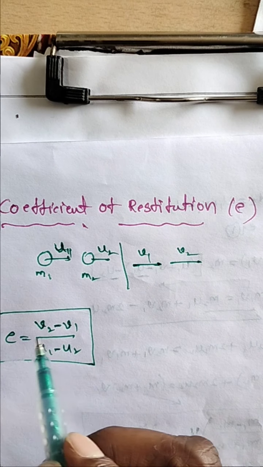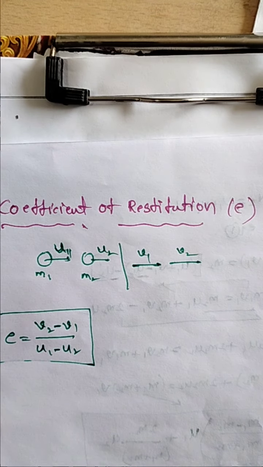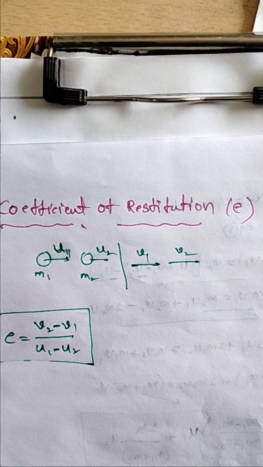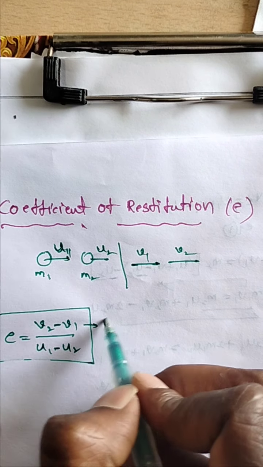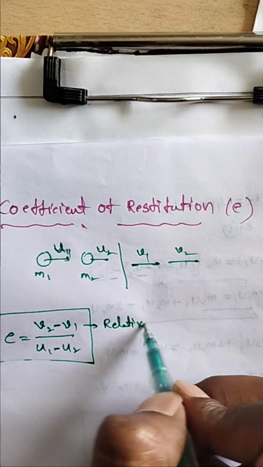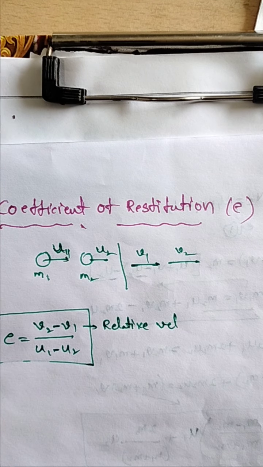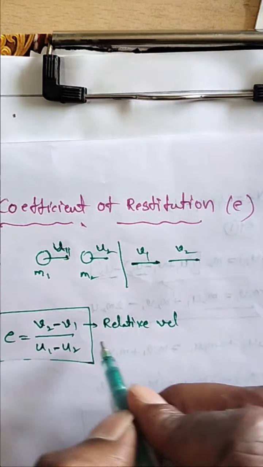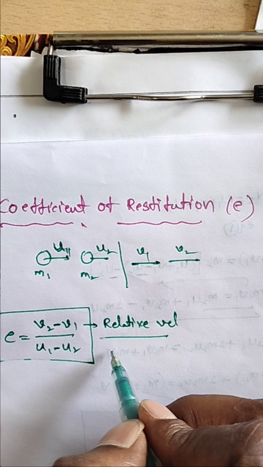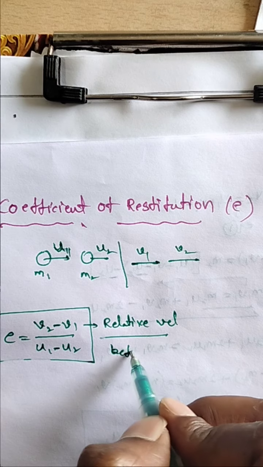What is the meaning of v2 minus v1? It means the relative velocity of separation after collision. This is a relative velocity, we know that very well. The denominator is the relative velocity before collision.